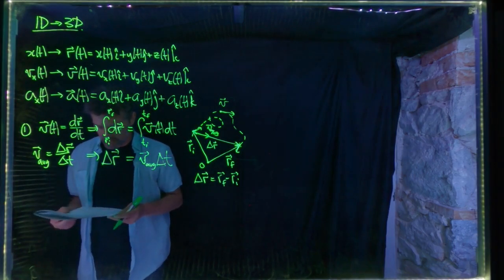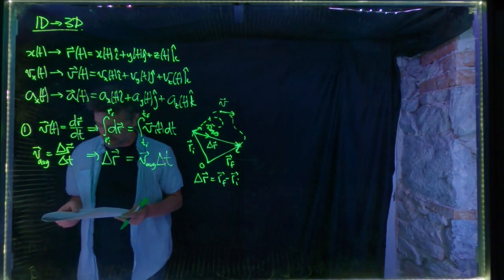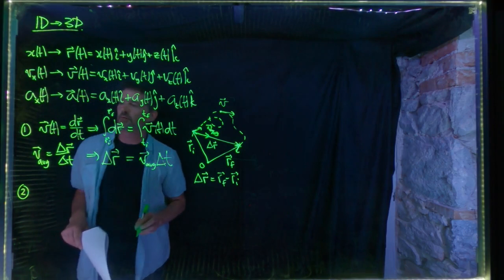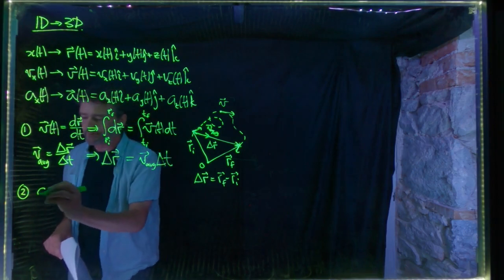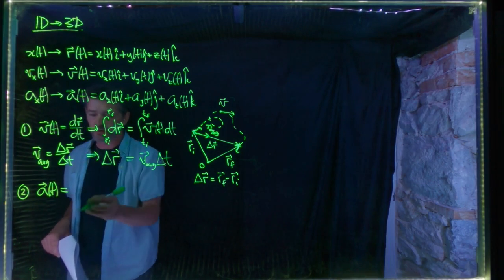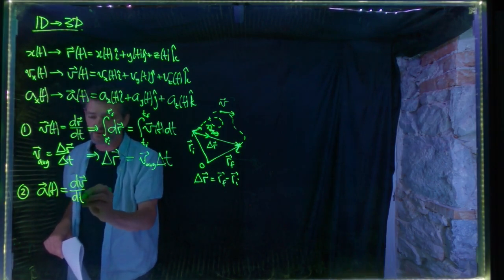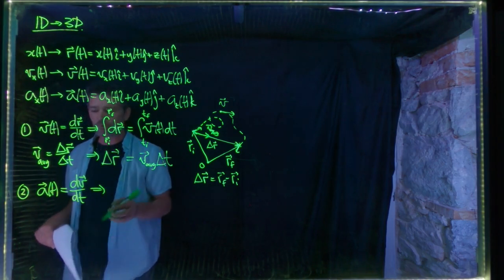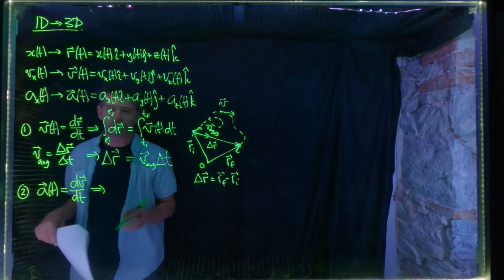Okay? So we have that. And similarly, the second basic kinematical formula follows from the definition of the acceleration. The acceleration is defined as the time rate of change of the velocity, so a is equal to dv dt. We play the same game we did before: multiply both sides by dt.